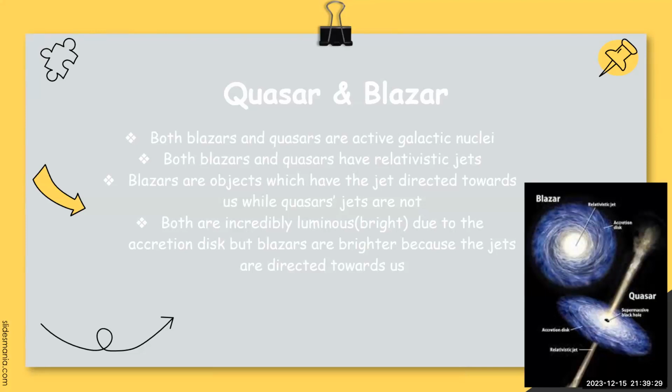They're both incredibly luminous, or bright, which is due to the accretion disk, but blazars are usually much brighter because the relativistic jets are usually directed towards us. Obviously, very bright. Yep, that's about it for astronomy today.